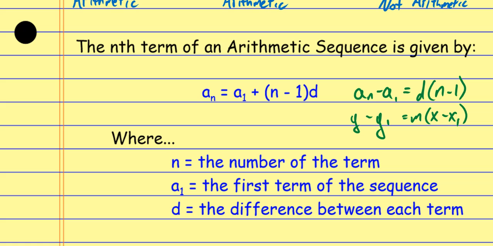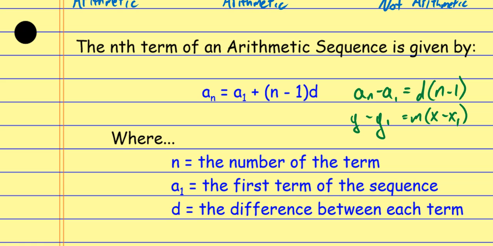And so as we look at arithmetic sequences, hopefully you recognize right away that if the pattern is adding the same thing each time, that's the pattern of a linear function, of a linear equation, y equals mx plus b, or in this case, y minus y sub 1 equals m times x minus x sub 1.